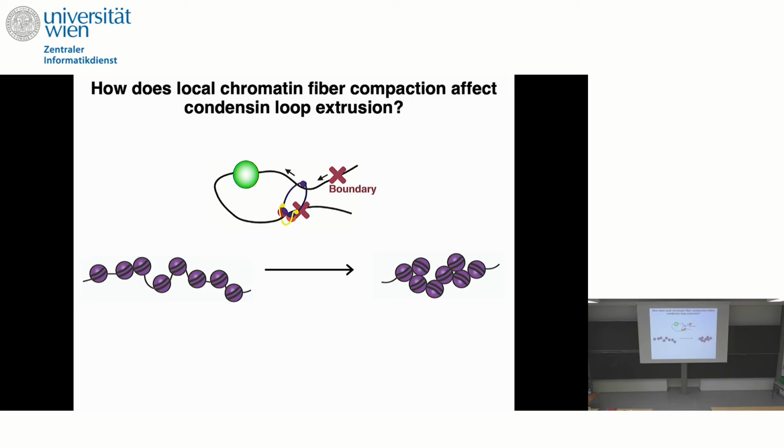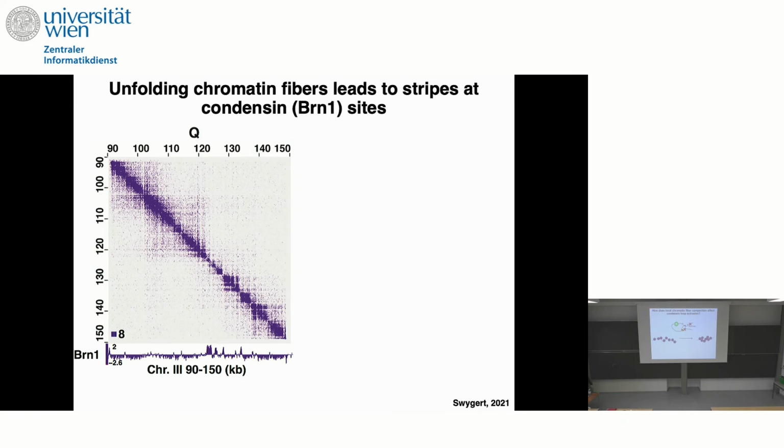We wanted to see if changes in the local chromatin structure affect the ability of condensin to extrude loops in cells.